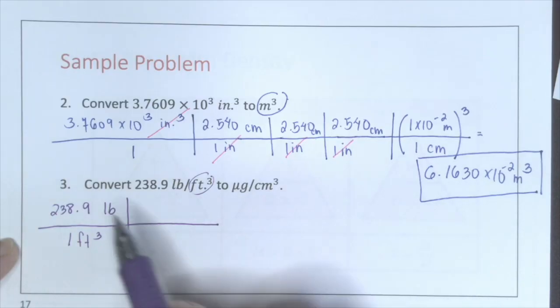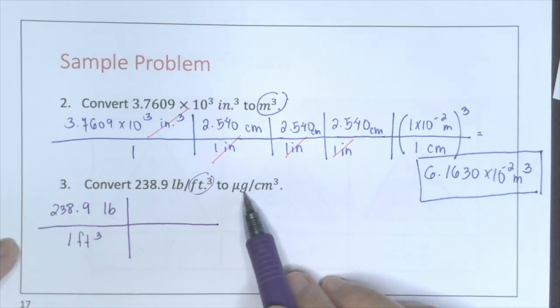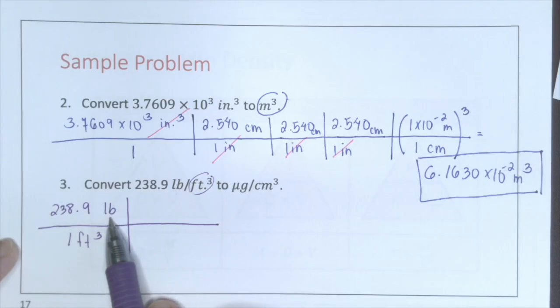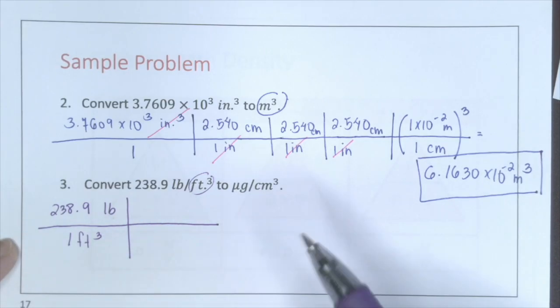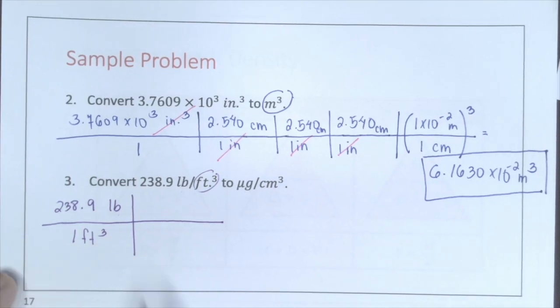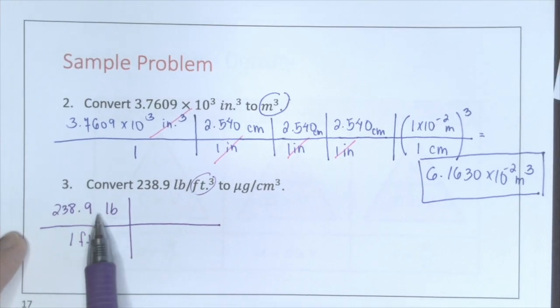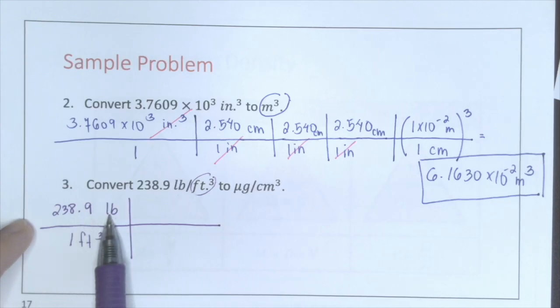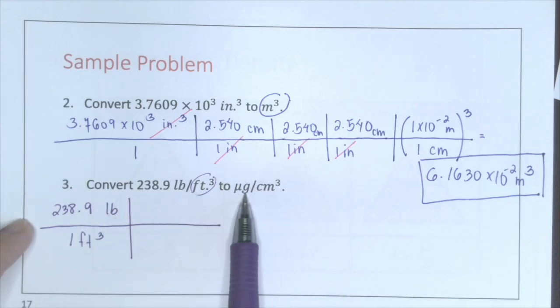We have to turn the numerator into micrograms. Again, we're converting American unit to metric, and then feet cubed to centimeter cubed, the same thing. Just force of habit, we're going to work on the numerator first. You can certainly work on the denominator if you want to. But let's go ahead and turn pounds into microgram.